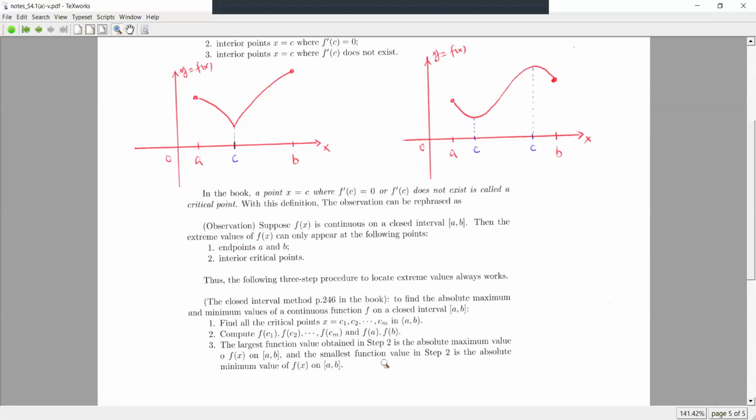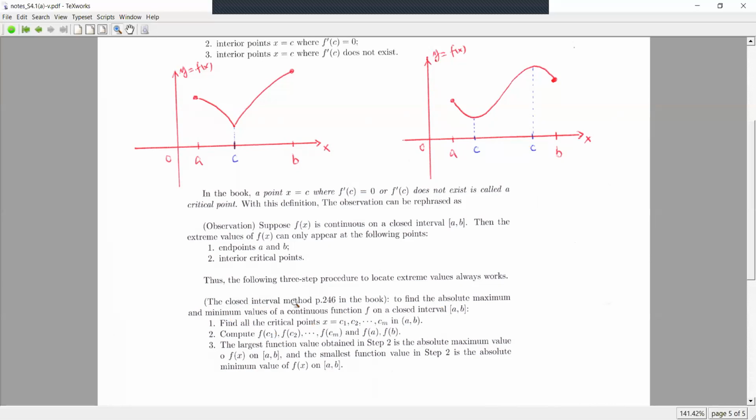And the smallest function value in step 2, among these 4 function values, is here. It is the global minimum, the absolute minimum function value of the function over this interval. So this function value is the minimum function value over this interval.